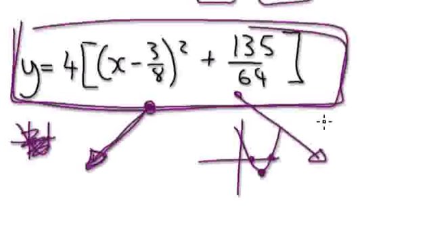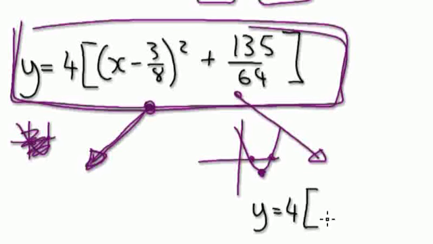So we've got to ask ourselves, what is the smallest value that y could be? Well, it turns out that if you make this whole thing 0, then that would be the smallest possible value for y. So the smallest possible value for y would be this: y equals 4 times 135 over 64.